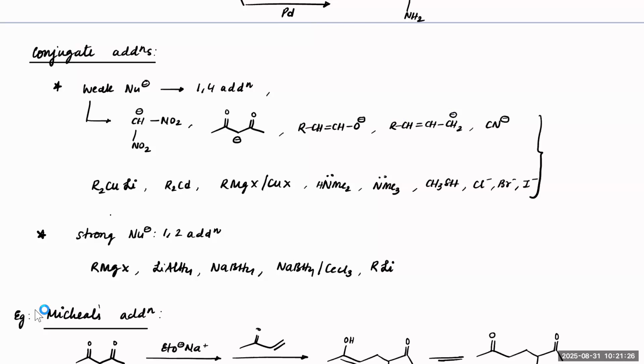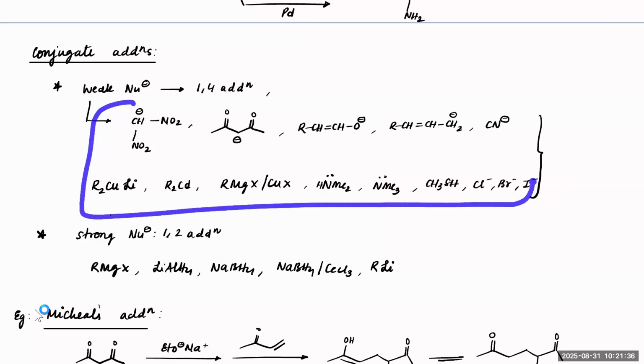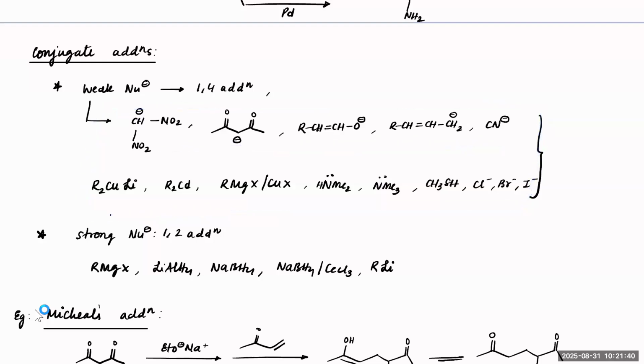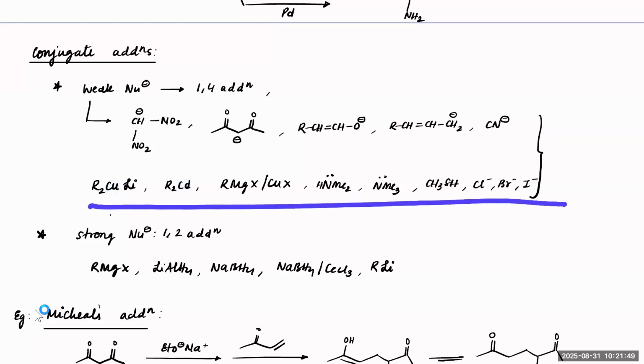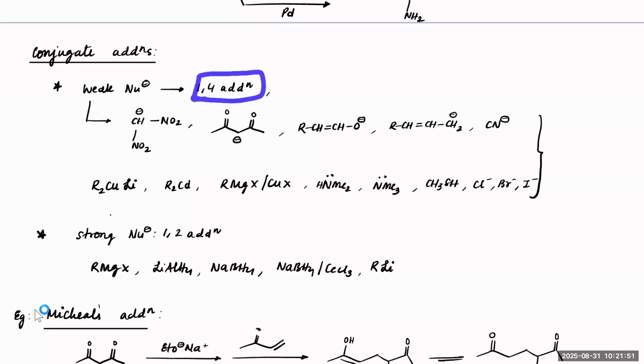If you have that kind, or anything which is a weaker nucleophile, these are all relatively weak nucleophiles, wherein the carbanion is conjugated, or they are connected with metals like copper or cadmium, in all these cases the addition happens at 1,4.